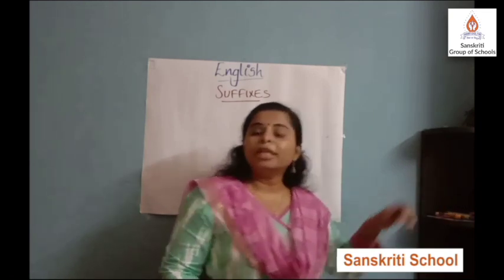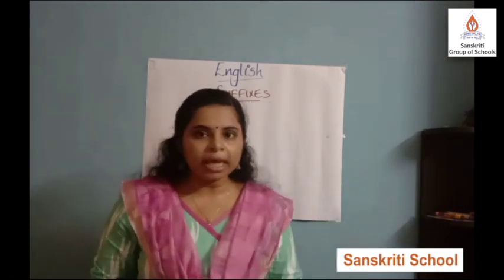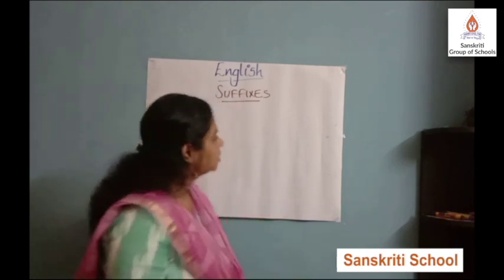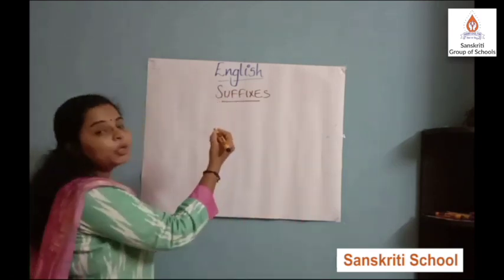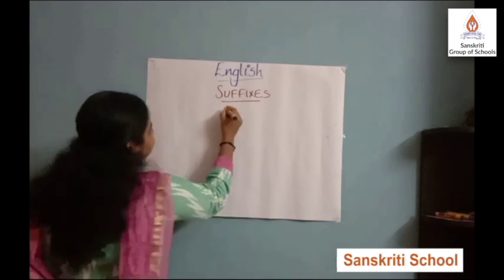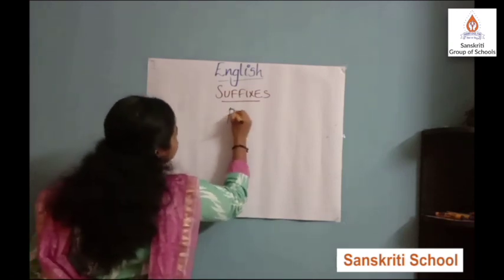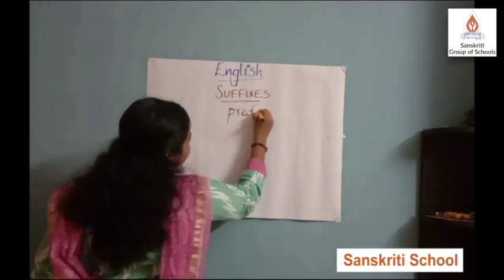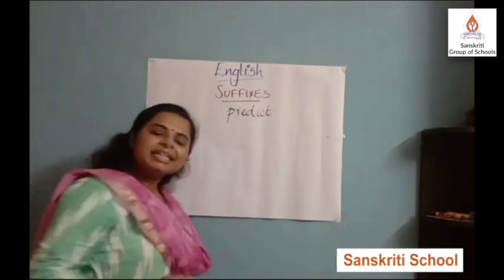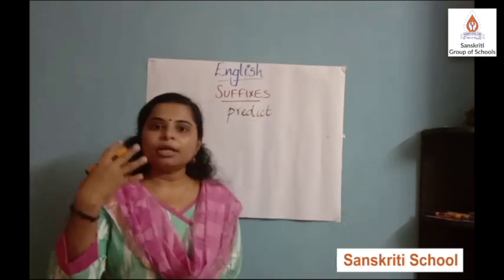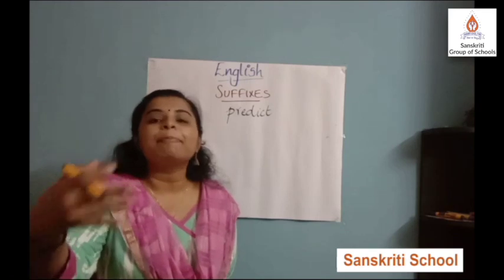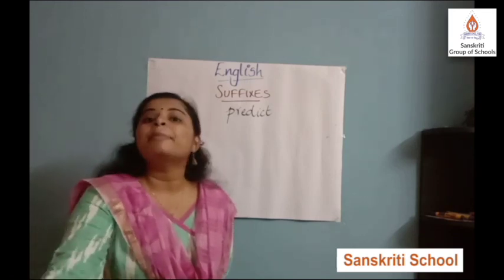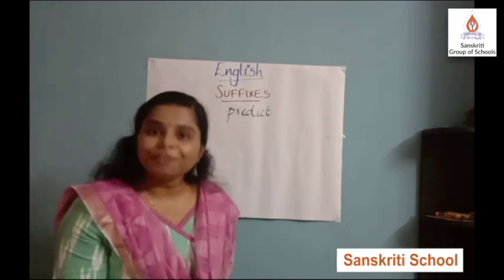Children, now I'm going to give you some examples. Let's consider these examples. I'm going to give you some words with which you are very familiar. Okay? Predict. What do you mean by predict? Predict means you can say that something will happen in the future or something will not happen in the future. To say something about the future.